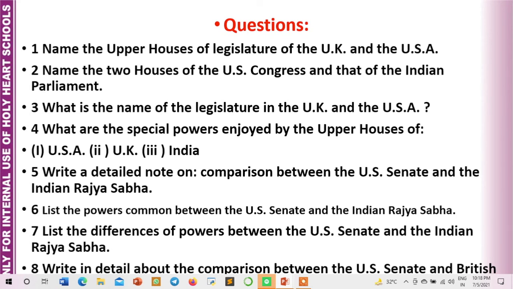Meaning the upper houses, which powers do they have in common? That's the introduction of ordinary bill. And which power they do not have in common: the US Senate can make any unlimited changes in the money bill, but the British House of Lords can keep it just for 1 month. So these are the things when we compare them.